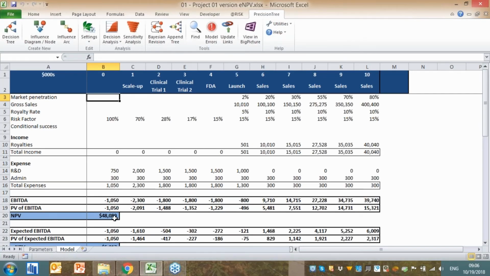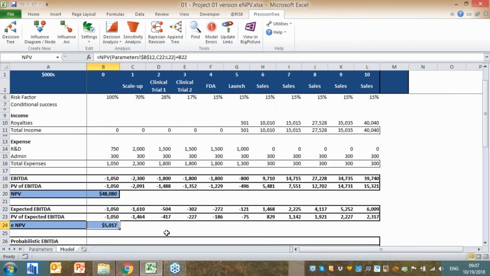So instead of working an NPV, which is going to discount over here your revenues minus your expenses, we bring them back here to present value using the 10% discount rate in order to obtain NPV. We don't use this one. We use something which is either called expected NPV or risk-adjusted NPV.